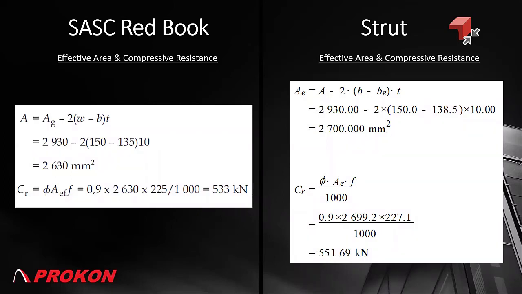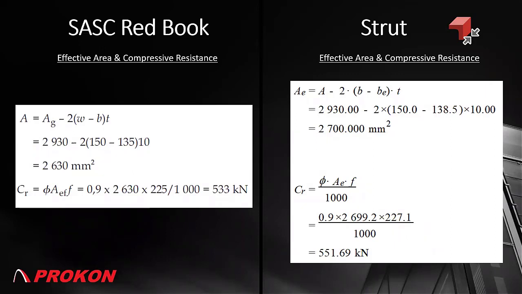The Red Book's process is quite straightforward. The effective area calculation is applied, and the compressive resistance is calculated in one step. In STRAT, however, the effective area and compressive resistance is noticeably different. Because the sectional area is adjusted, the critical buckling stress theoretically changes as well.